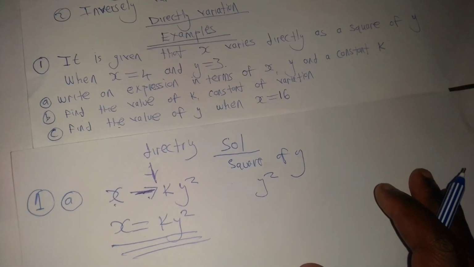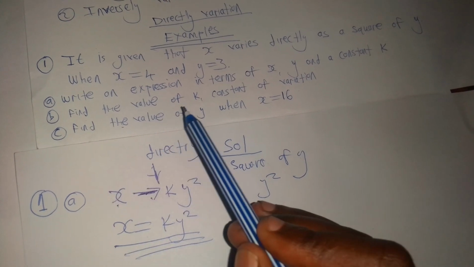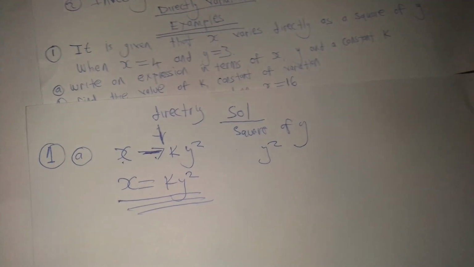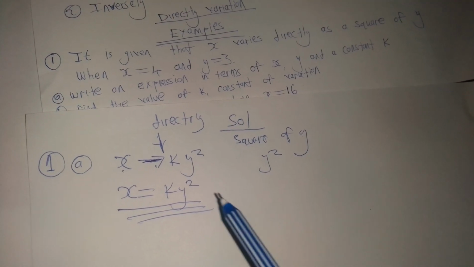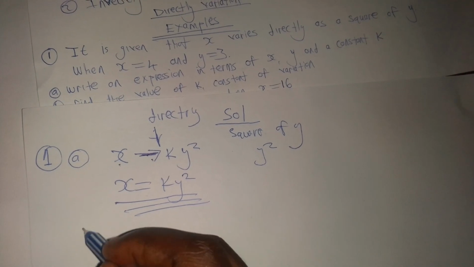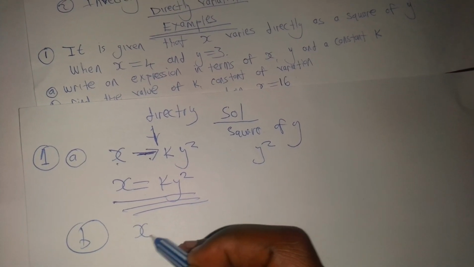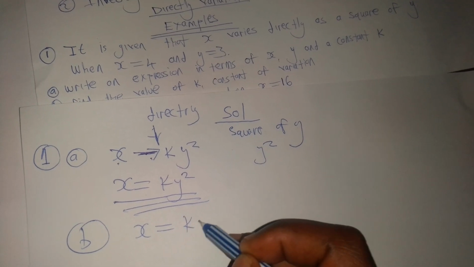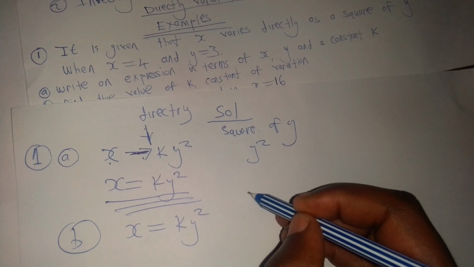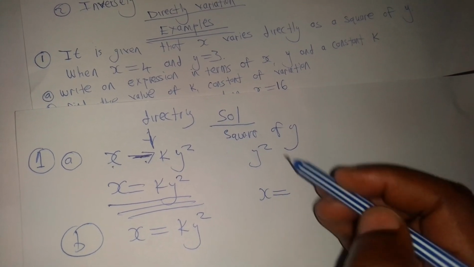So question 2 now, they are saying find the value of k, constant of variation. First of all, you write the equation the way it is, x equals k y power 2. You have to know your x.